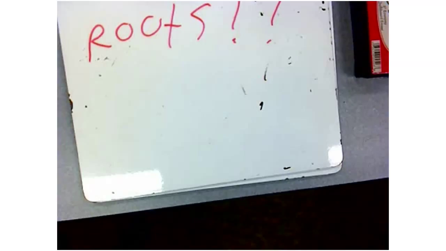Your second column tells you what happens when it's a positive number under the radical. And the third column tells you what your answer will be when it's a negative under the radical. So this is just something to refer back to as you go through these.